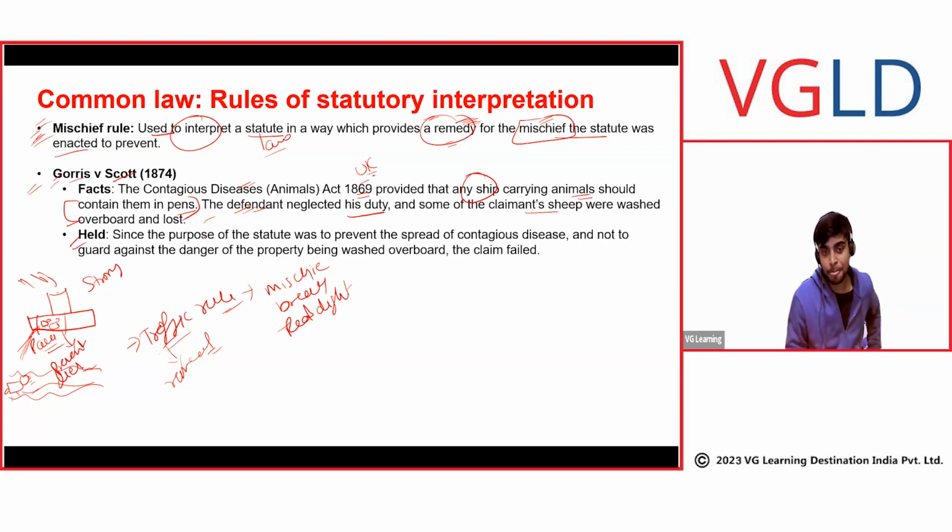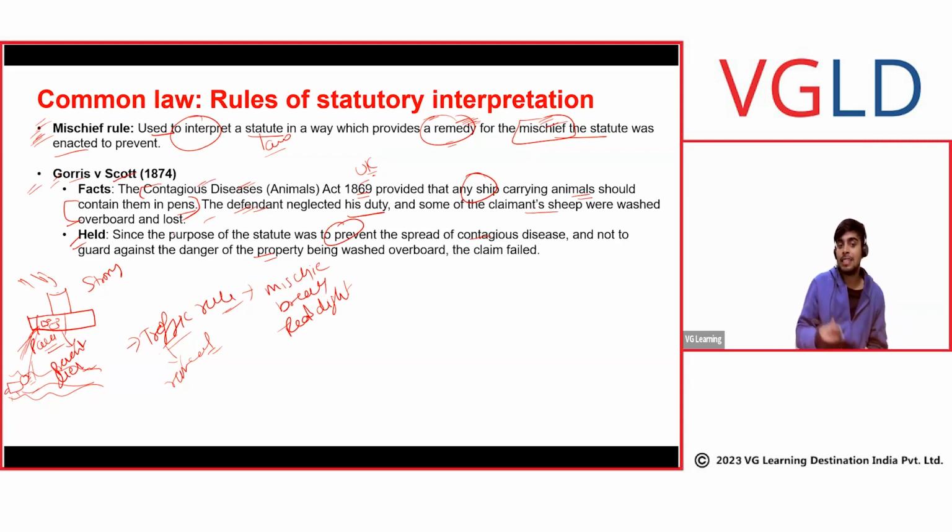It was held that this act's purpose was to prevent the contagious disease and not to guard against any danger to the property. So if the sheep were lost in the sea, that is not what the act covers. The act covers the mischief it was supposed to cover.